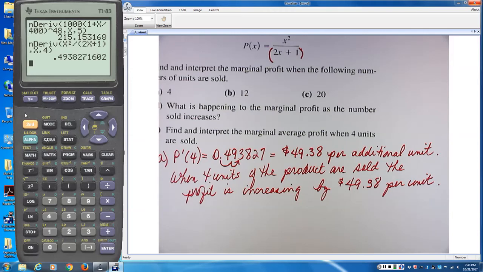And then all we have to do now is hit second enter and change that last value to 12. And it's $49.92.